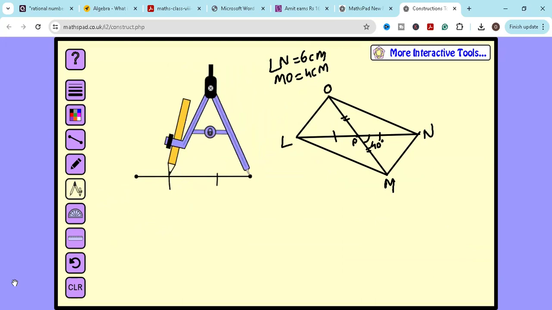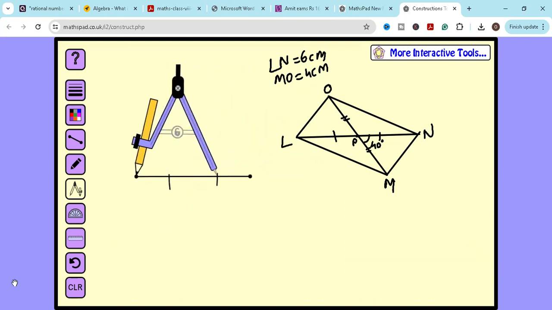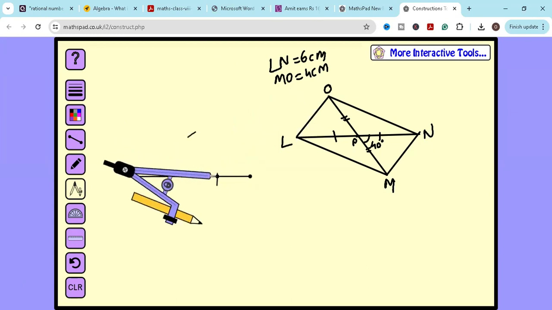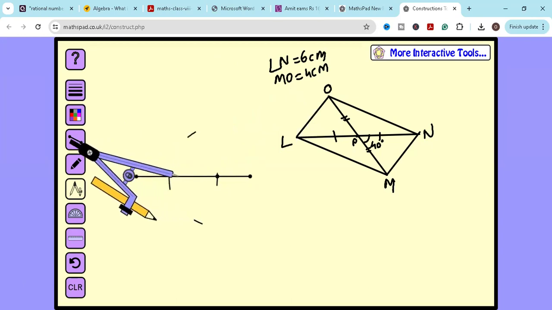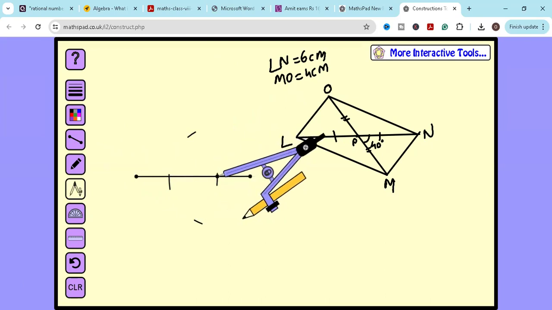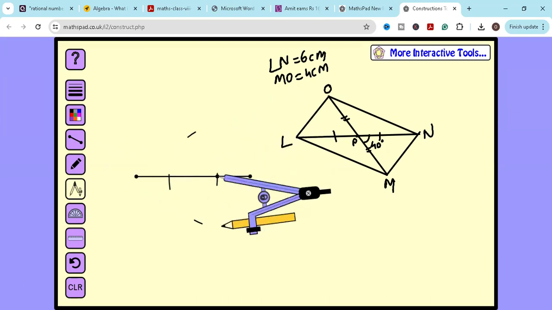Okay. Now using the same idea like we did in the last one. Extend this arc if the arc is not meeting.